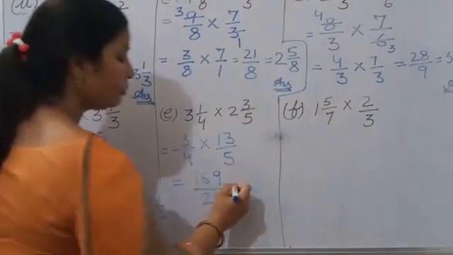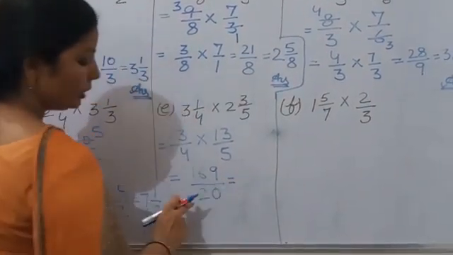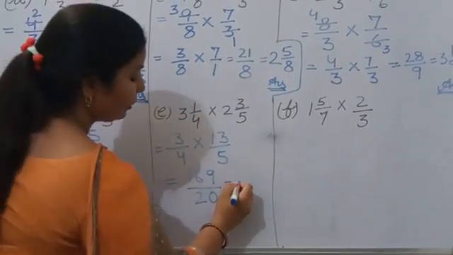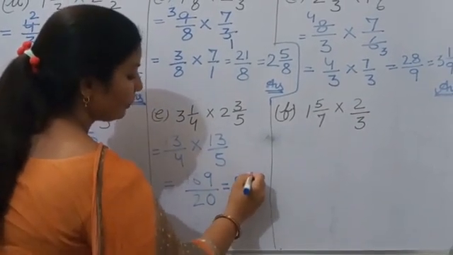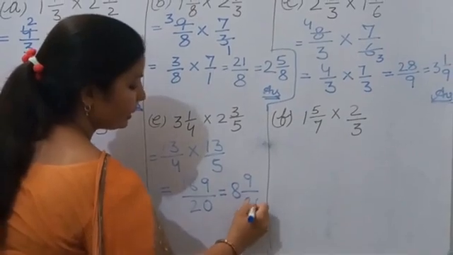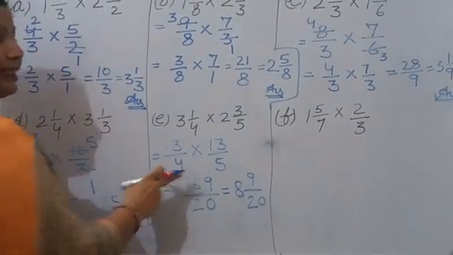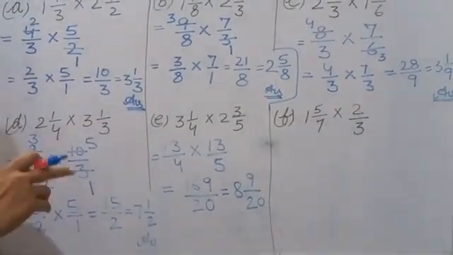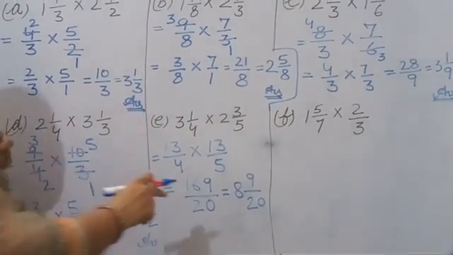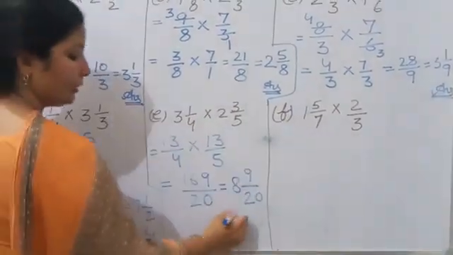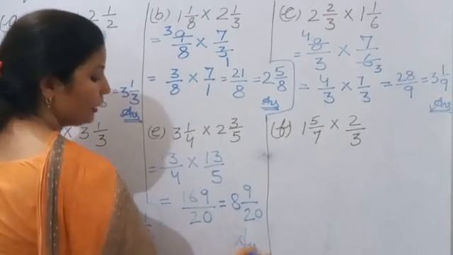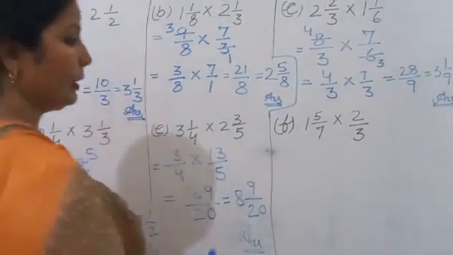So when we change it into mixed, it comes 8 whole 9 upon 20. When you divide by 20, 8 20s are 160. So 8 whole 9 upon 20. That's your answer. Next it's the F part.